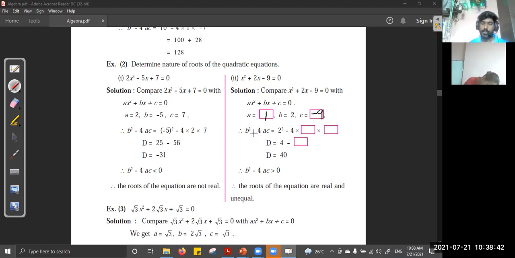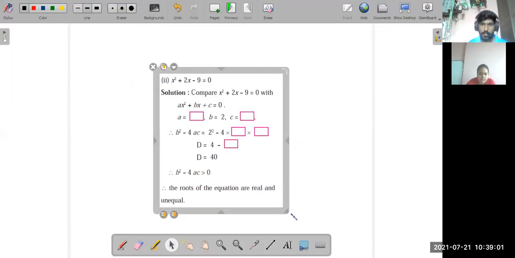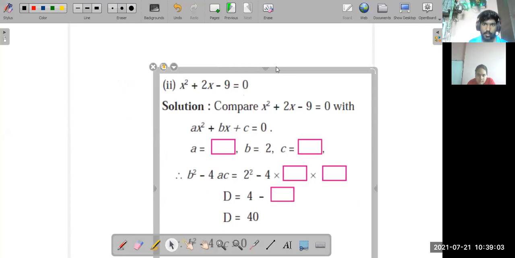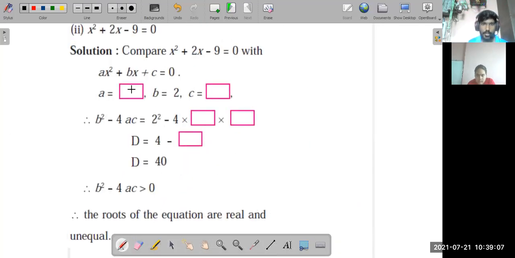So you have to substitute it in this formula, discriminant, B square minus 4AC. They have already substituted 2. You have to substitute the remaining. So here is 1, this is minus 9.